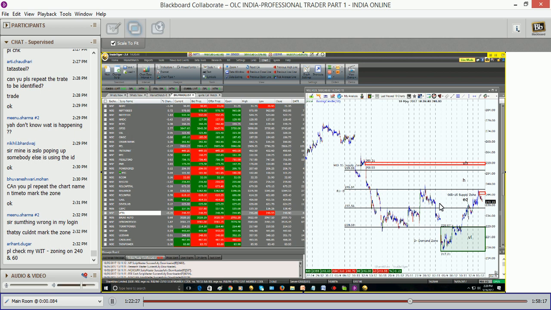Arihant, wherever you find a good looking zone with a good level structure, you can use the 75-minute and the 125-minute as well, as I discussed yesterday.